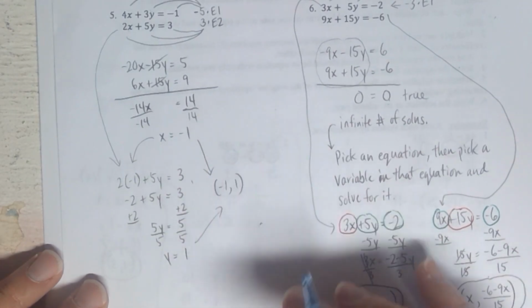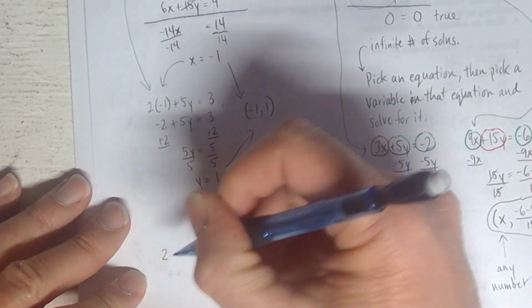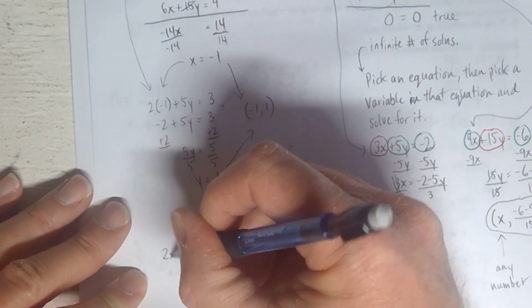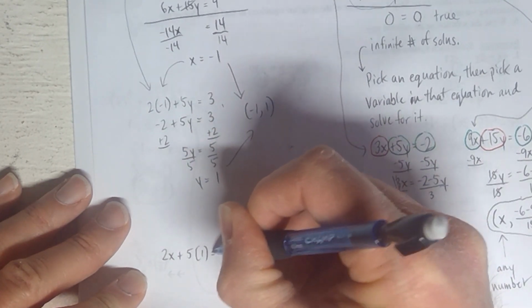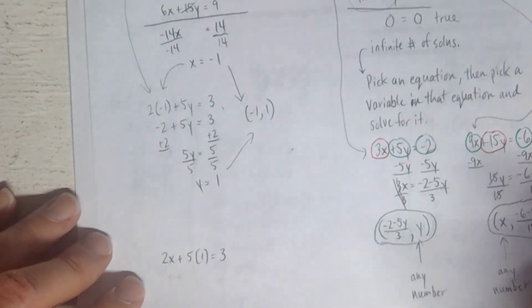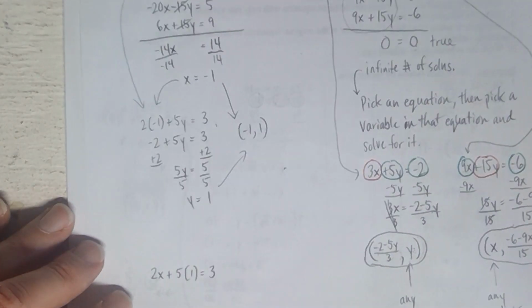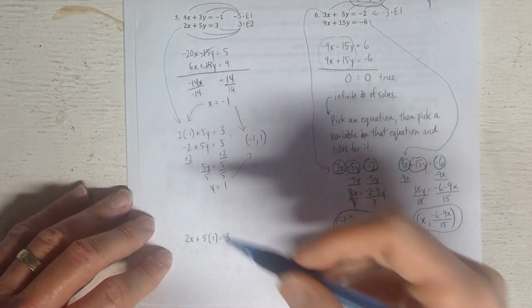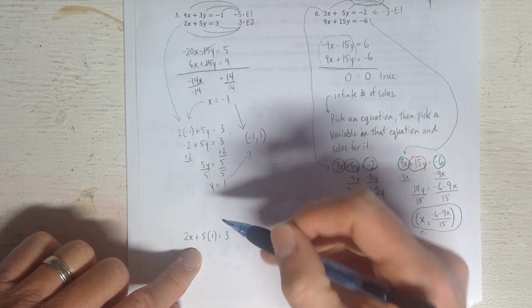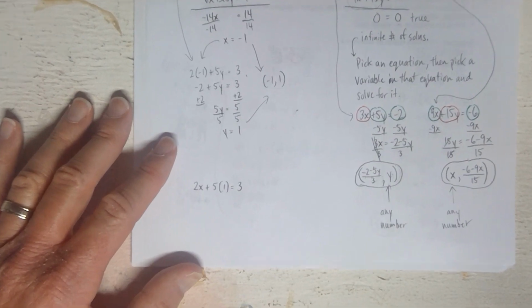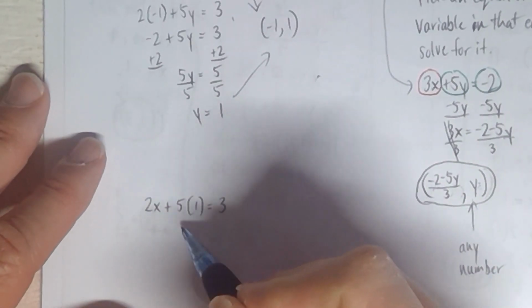If I did, and I'll write this down here because we're already done with this problem. This is just a separate thing that I want to make sure you understand, because you could run into this situation in some problems, either in this section or in a future section. If you plug a number into the second term on that side of the equal sign, see how I plugged it into the second term right there, not the first one this time?